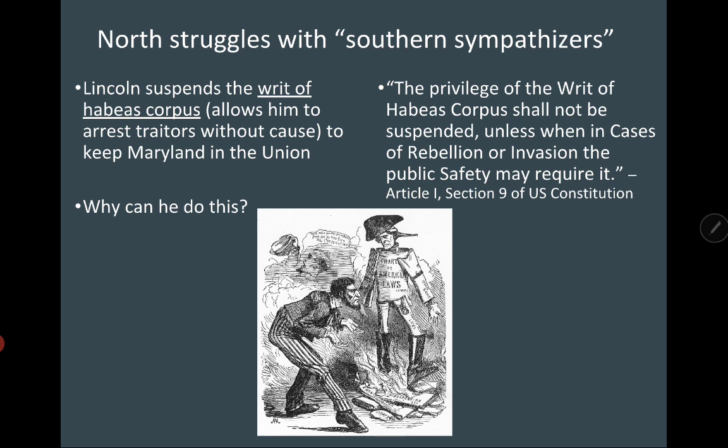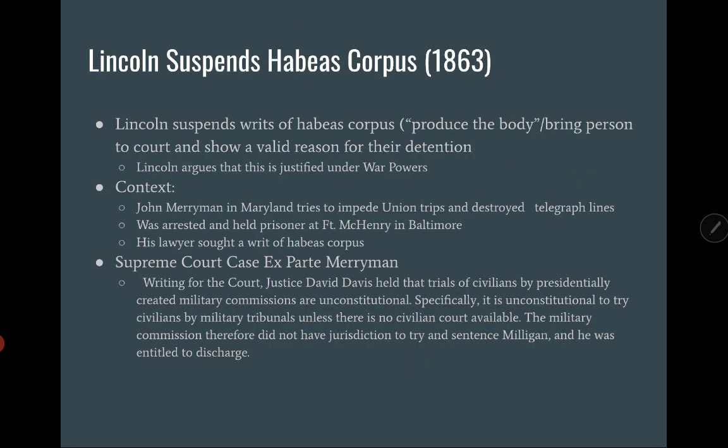One of the people he arrests is Merryman, who destroyed telegraph lines. And Lincoln argues that he had this power under the War Powers part of the Constitution. Merryman is going to take this to the Supreme Court, and the Supreme Court is going to basically say that this is not okay, that you cannot just arrest people even during this time of war, and that it's actually Congress who should have the ability to suspend habeas corpus, not the president.